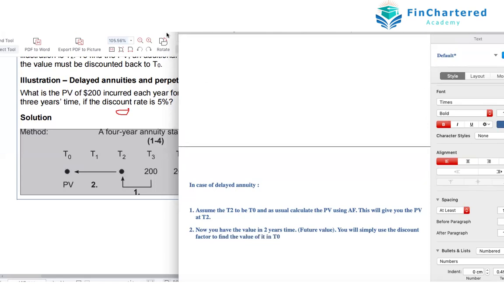So simply as usual, going back to chapter 2, basics. That is another way, yes. But generally, you need to understand what is happening, where it is happening. I'll explain both the methods. Whichever is okay for you, you can do it. So this is one way of calculating the present value in case of delayed annuity.